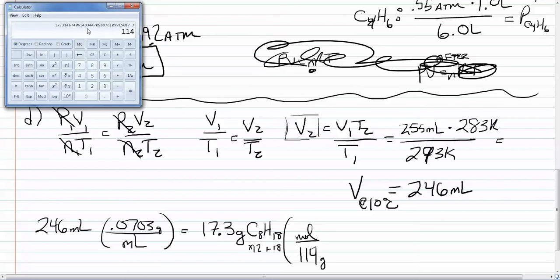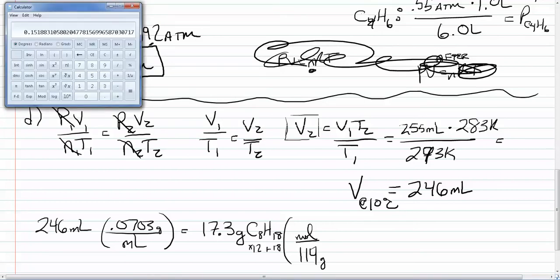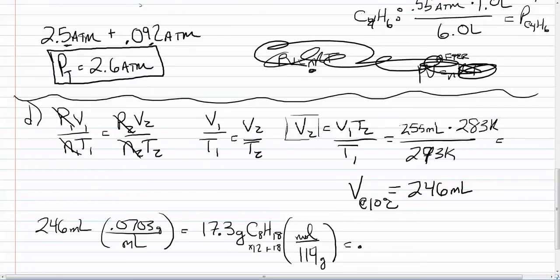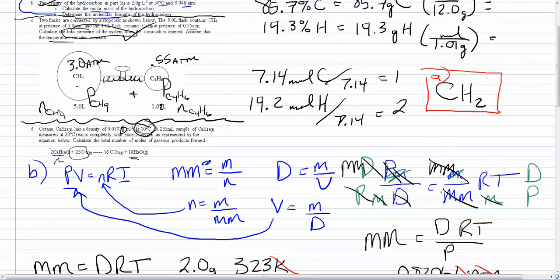Now you'll notice that I'm not clearing out my calculator every time. I'm showing my work, but I'm saving myself the hassle of retyping this stuff in. So we're looking at number of moles as being 0.152 moles of C8H18.